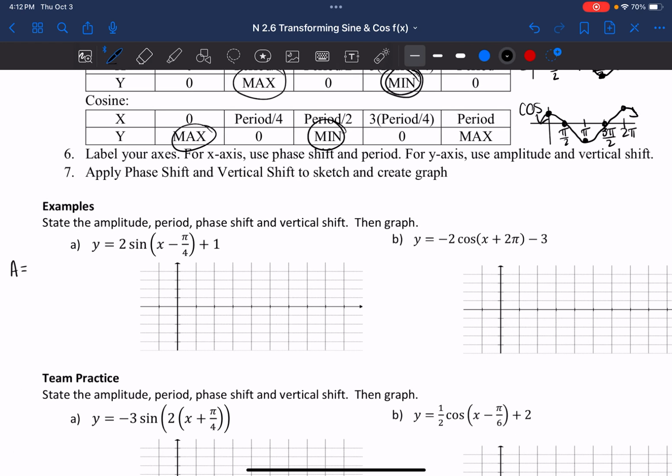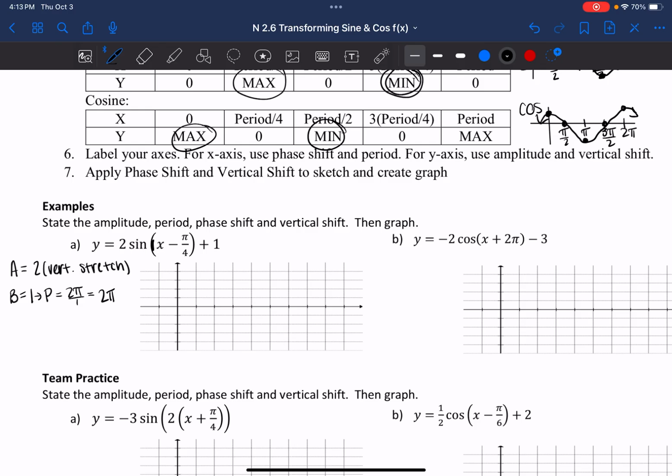So I'm going to start with identifying A, which is 2. This tells us we're going to have a vertical stretch by 2. I then want to identify my B value. My B value is the coefficient of x, which is just understood to be 1. So that means my period is not going to change. 2 pi over 1 is still just 2 pi.